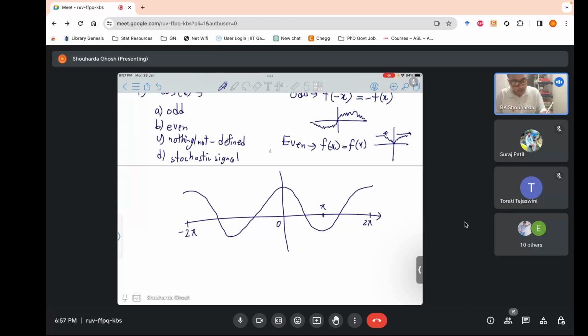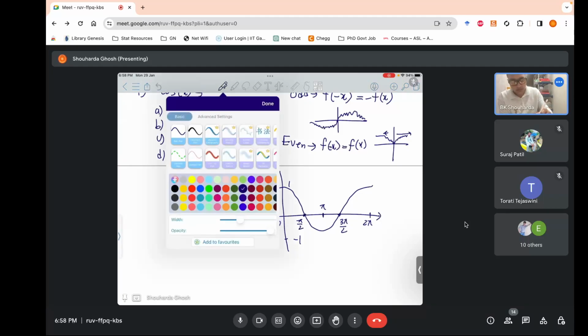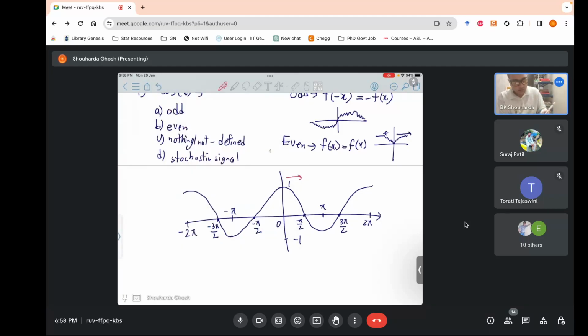At odd multiples it goes to -1, and at odd multiples of pi by 2 you have the 0 crossings. You have done this in your class 10, 11, 12 as well. So you can see over here it's symmetric around this vertical axis, so it's an even function.